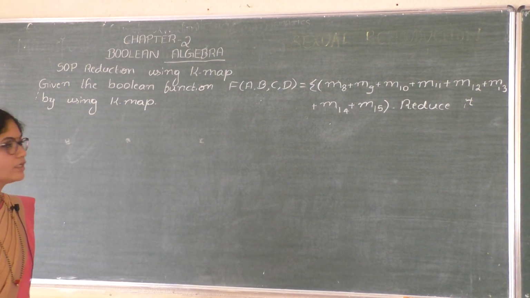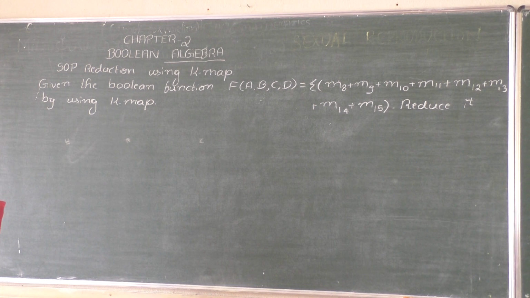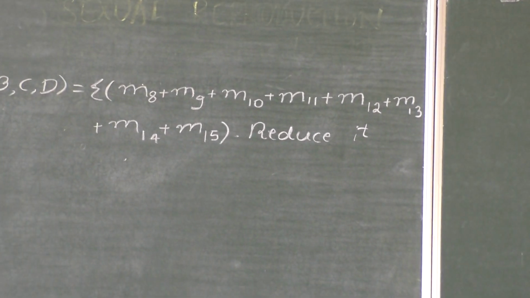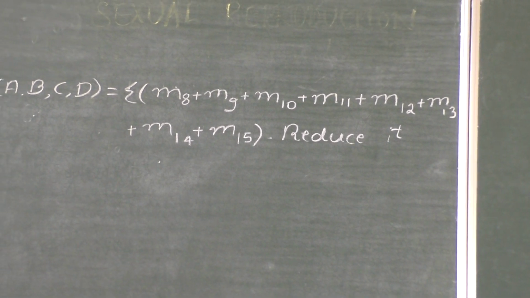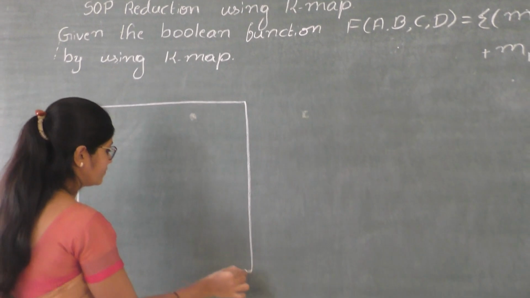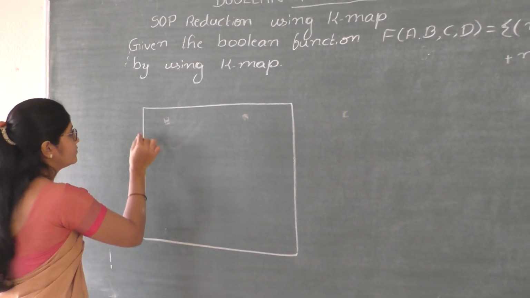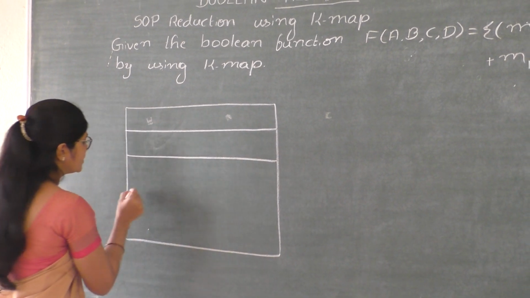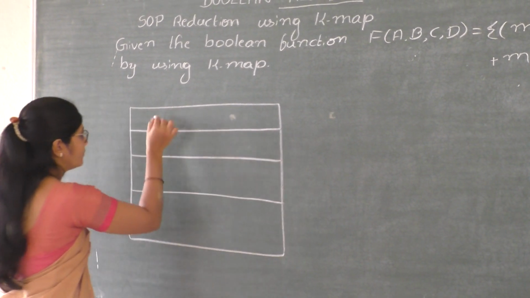In the problem, there are 4 variables. Variables are A, B, C and D. So there would be 16 squares in the K-map. I hope you all remember the general 4 variable K-map.